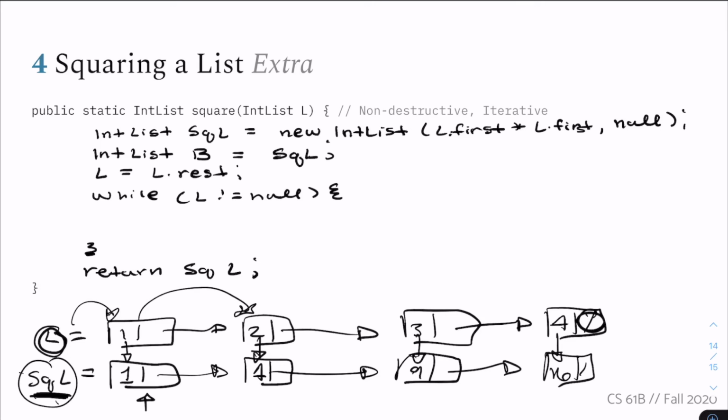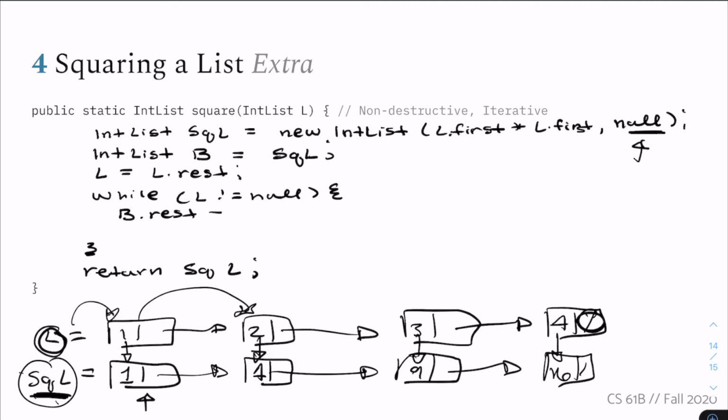Okay, here comes the tricky part where we figure out what we have to do on the inside. The first thing we do is we have to set b.rest, because right now b.rest is null. So we want to create an IntList and plop it in there.